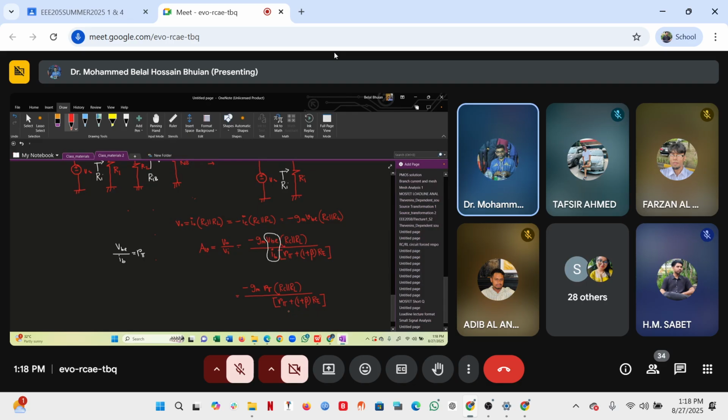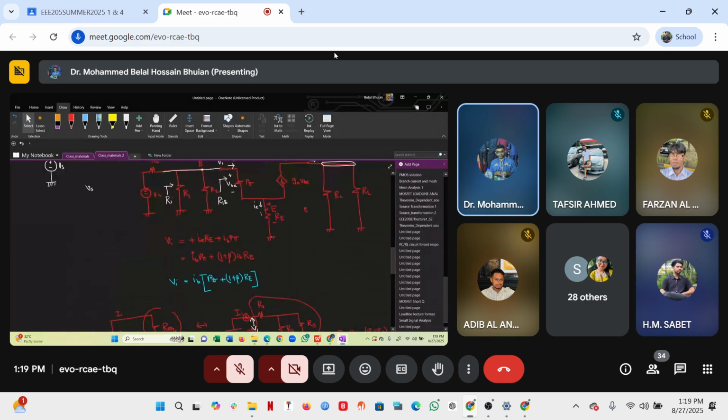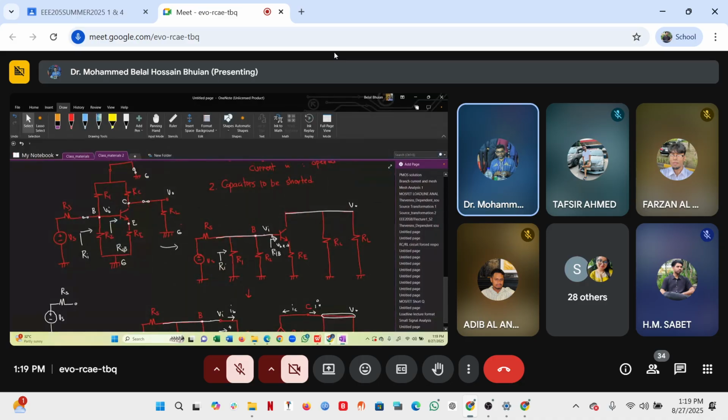That is our ABG. So that is the gain of the amplifier, and that is how we are going to analyze it. Okay, any question on that?